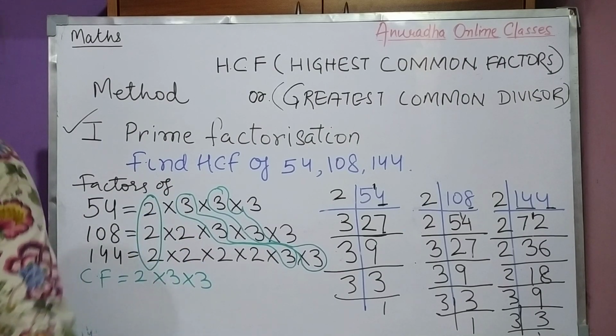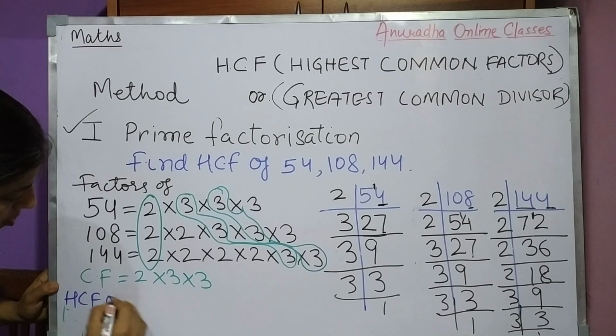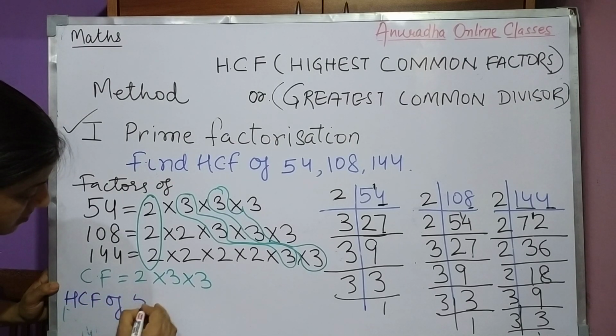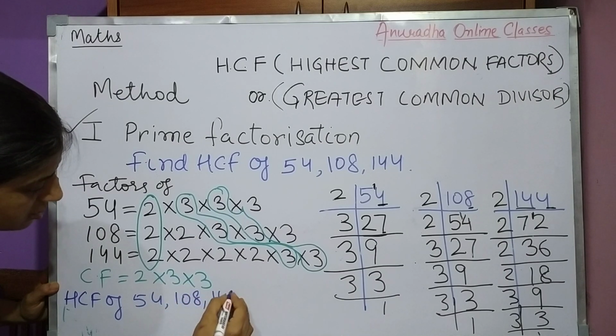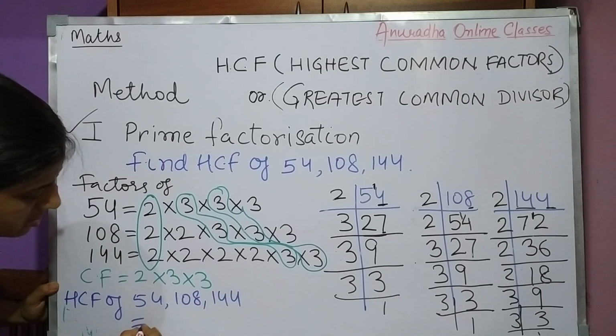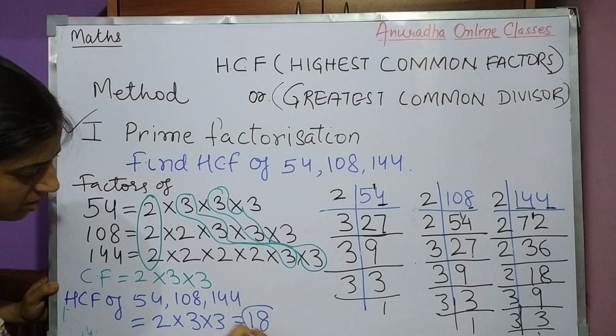So what is the HCF? So you will write HCF of which three numbers? 54, 108 and 144 is equal to what? 2 into 3 into 3. That means 2 3s are 6, 6 3s are 18.